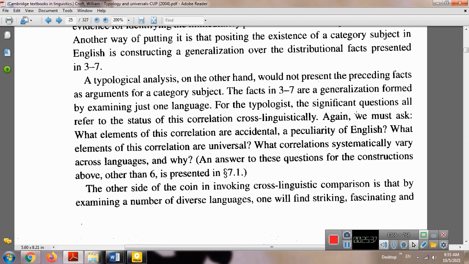For the typologist, the significant questions all refer to the status of this correlation cross-linguistically. Again, we must ask, what elements of this correlation are accidental, a peculiarity of English? What elements of this correlation are universal? What correlations systematically vary across languages, and why?